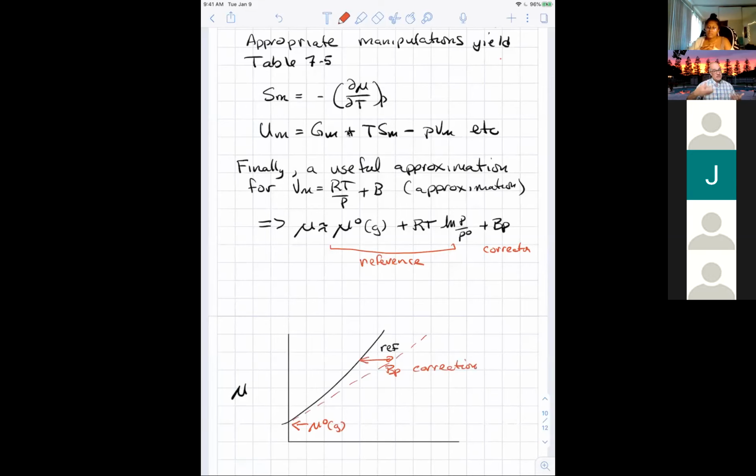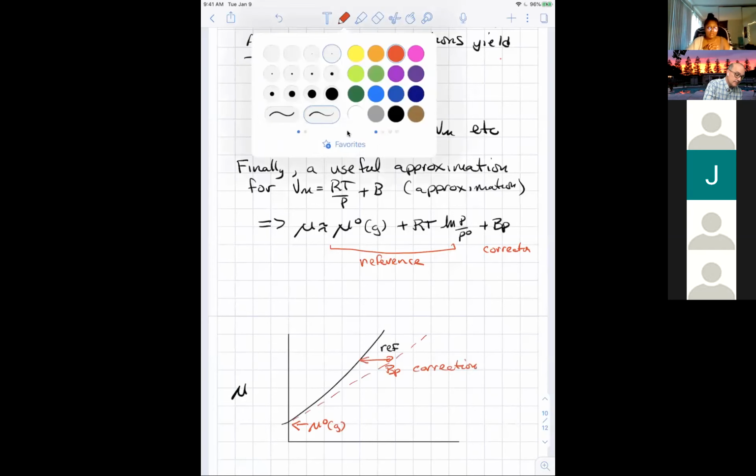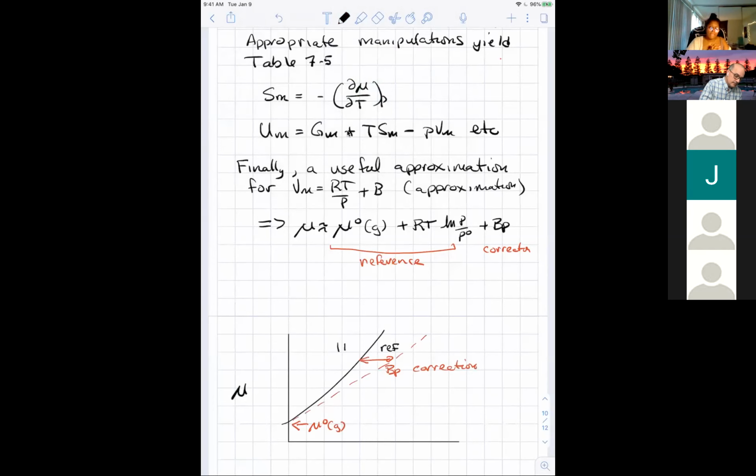So the reference is going to be the ideal, right? So in a sense, if we look at the chemical potential this way, then we're always going to have an ideal reference, and we can calculate this as some deviation from the ideal, which is kind of useful. And we're going to know if the real is higher or lower than the reference. And once we have the chemical potential, it allows us to get all the other thermodynamic derivatives through the Gibbs free energy.